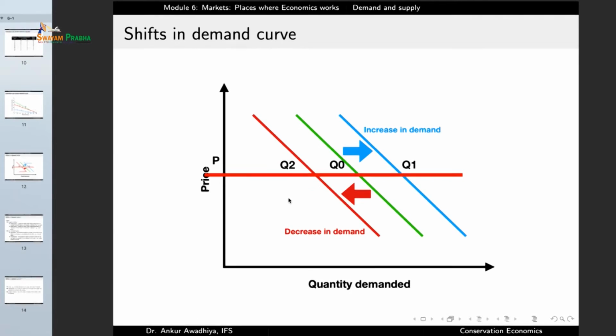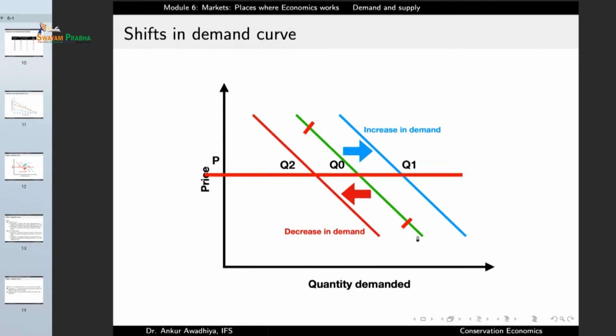Now it is important to remember here that there are two kinds of movements. One is the shift of the curve either to the right or to the left, which is known as a shift in the demand curve. And the second thing is movement along the curve. So if we talk about this green curve, if the price changes, then the quantity that is demanded also changes. When the price increases, you have this point and you have this point.